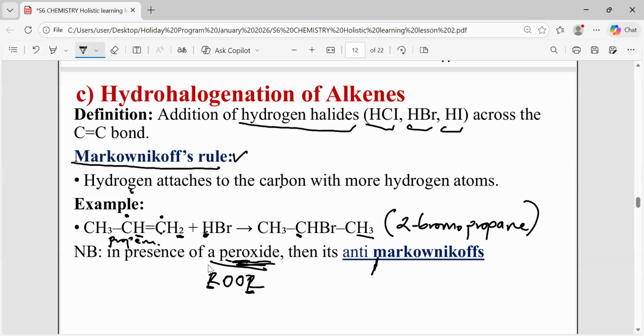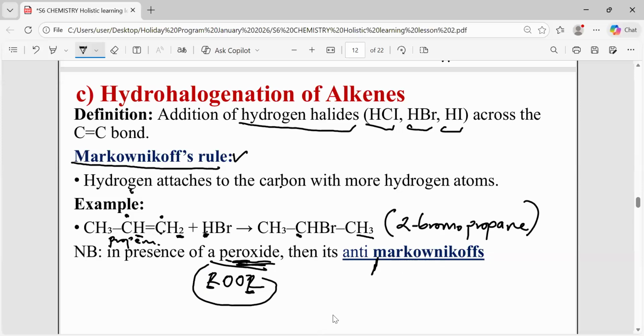If there's presence of any peroxide, then we use anti-Markovnikov's. Anti-Markovnikov's is the opposite of the Markovnikov's rule, meaning now the hydrogen will attach where there are less hydrogen atoms.